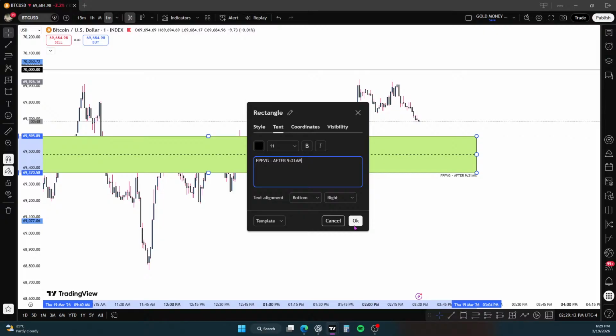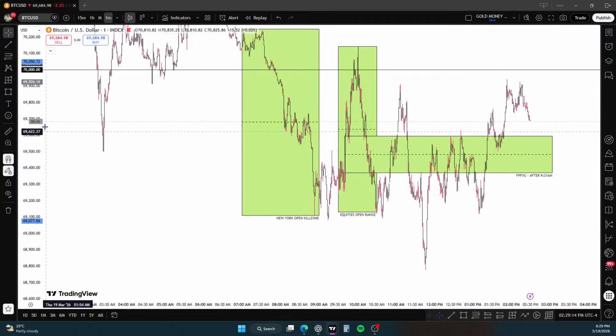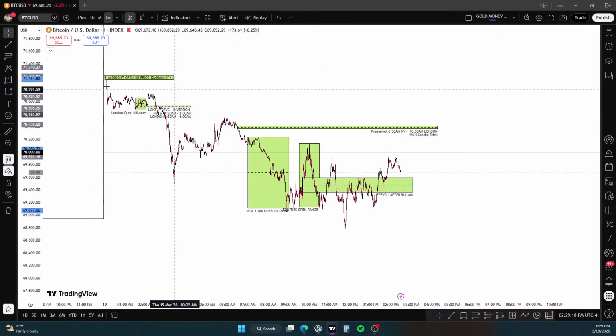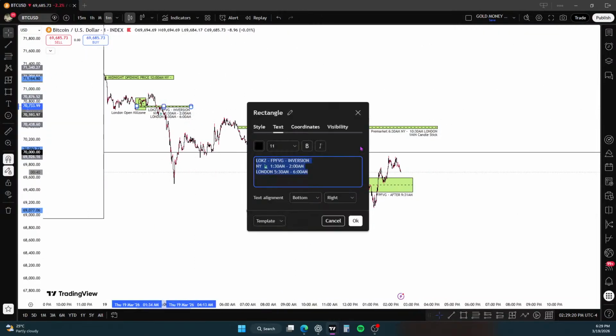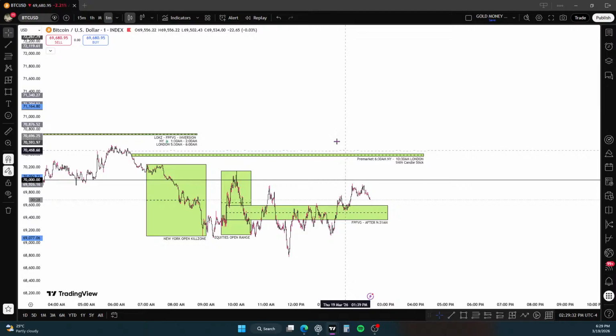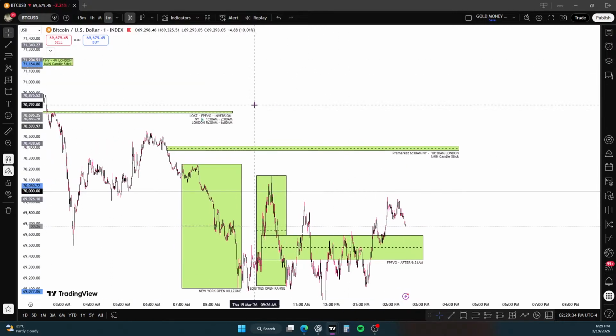This here is also an algorithmic reference point that price uses. So all of these, fair enough that there's all of the writing, but these are basically what I use on a day-to-day basis to identify what price is doing, where it's been, and where it's going.